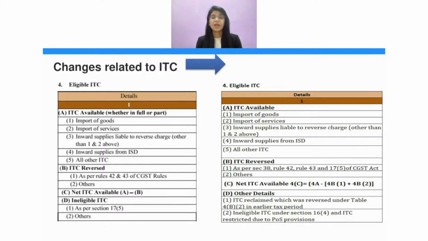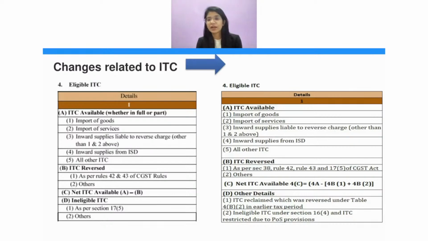Now my question is, when it comes to claiming the ITC for the reverse charge, are you dependent on the supplier to upload that invoice in their GSTR-1, or are you dependent on yourself to show this information in table number 3.1D of GSTR-3B, and at the same time claim that ITC under table number 4A3?